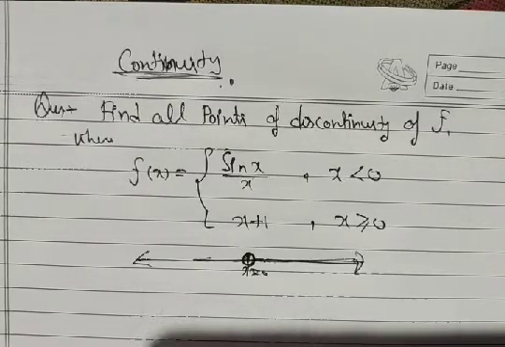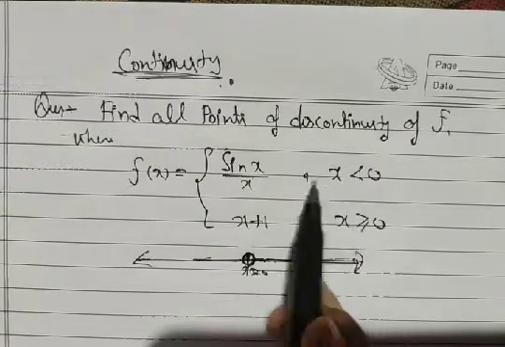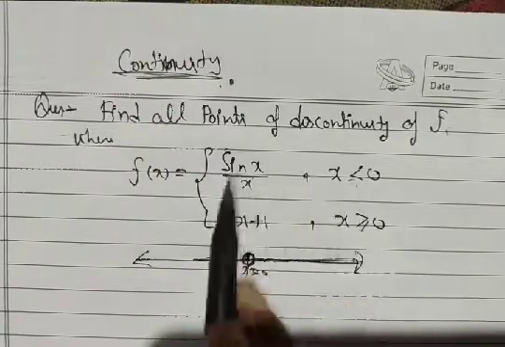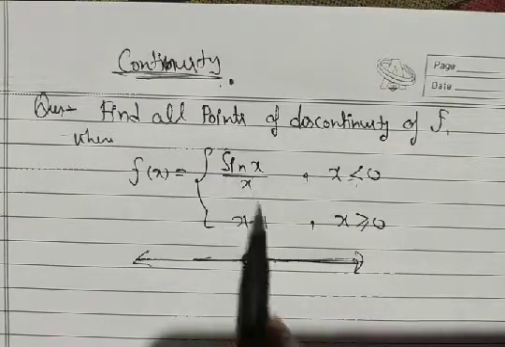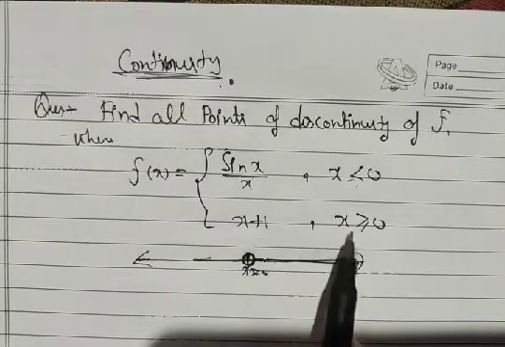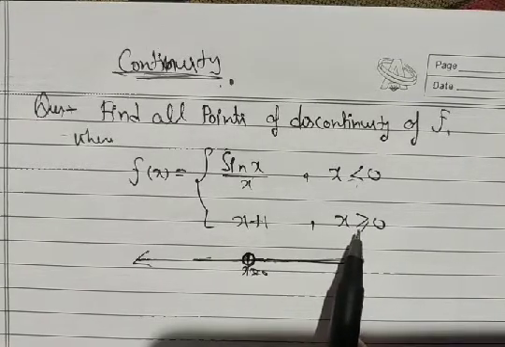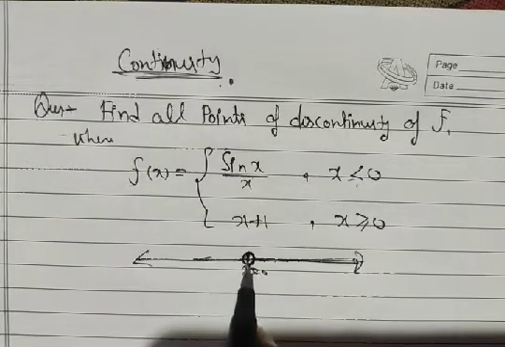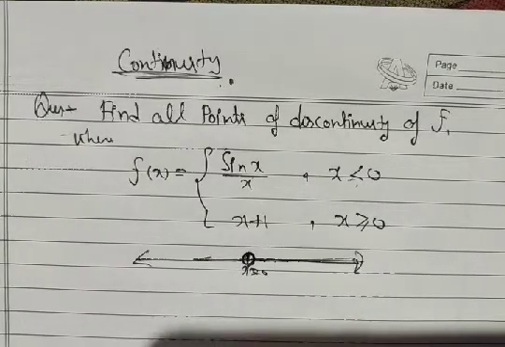I have already told you that being a rational function for x less than 0, it is continuous, and being a polynomial function whenever x is greater than or equal to 0, it is continuous. But we are not sure about the point x equal to 0. So our work is to check its continuity at x equal to 0.